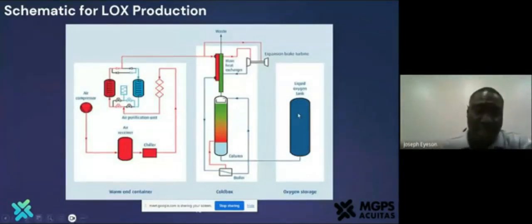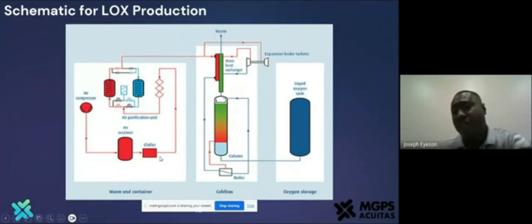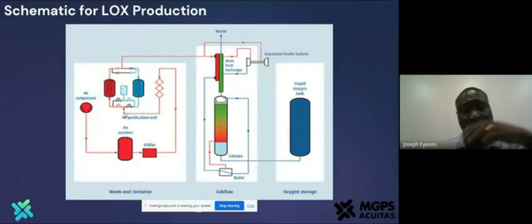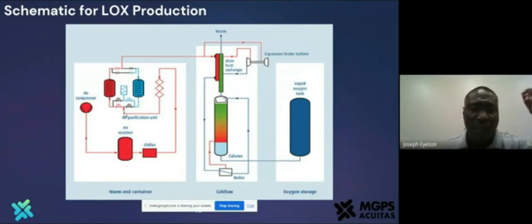From the compressor, as you can see on the top left, there is a compressor. It goes into the air receiver and goes to the refrigerant chiller. That is a refrigerant water. Then the hot air is actually reduced and it goes through separations, the purifications, whereby there is heat exchange to be able to also take out the hydrocarbons, take out the water, take out the carbon dioxide as well.